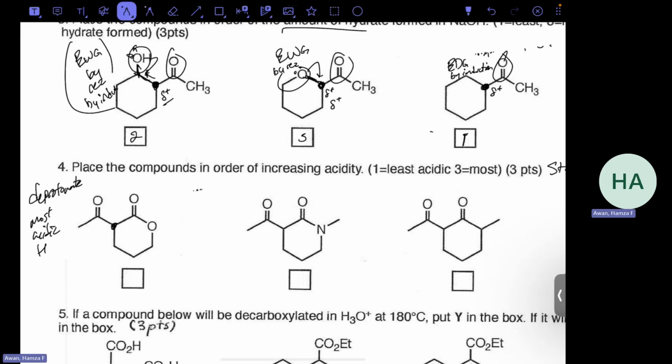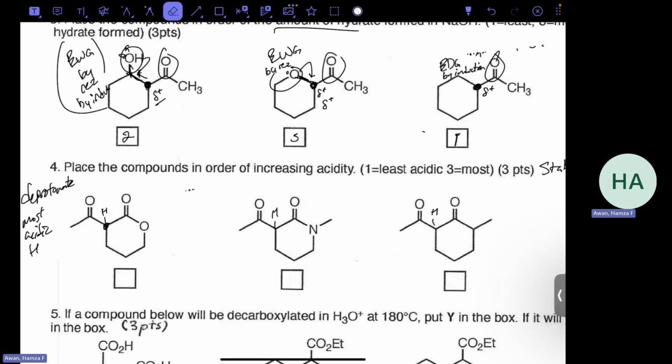And this carbon that's in the middle of these two oxygens is going to have very acidic hydrogens attached to it. So this hydrogen and this hydrogen are all very acidic. So in this case, we're going to deprotonate all of these central carbons.